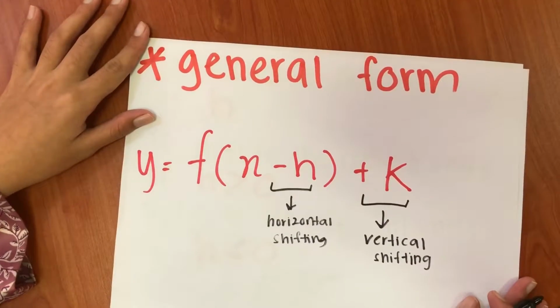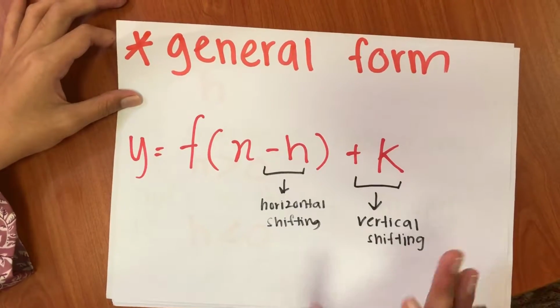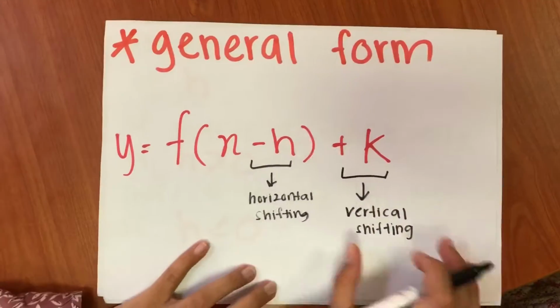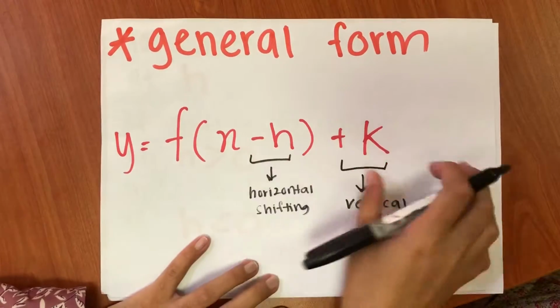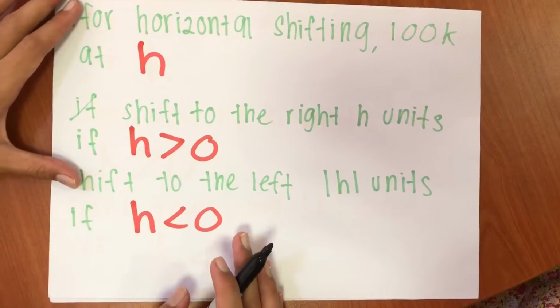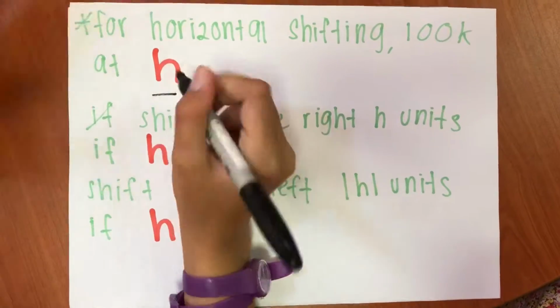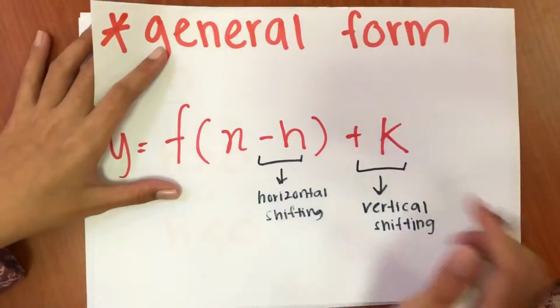We can shift vertically upwards, vertically downwards, and horizontally left or horizontally right. For horizontal shifting, we have to look at h, from this equation, this part.